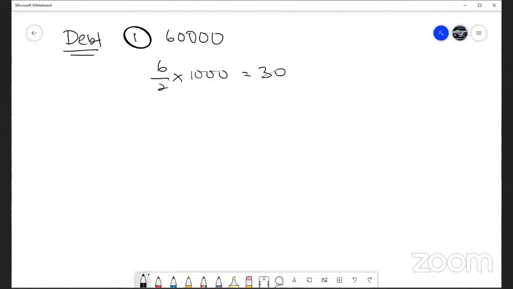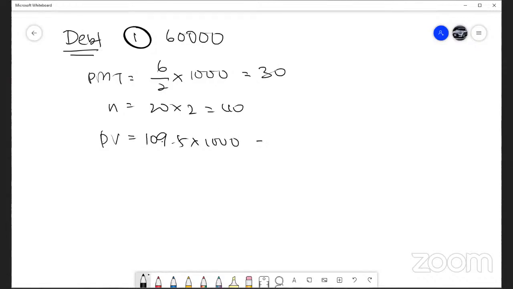The current price quote is 109.5 of par, with 20 years to maturity, so N equals 20 times 2 equals 40. The present value quote is 109.5 times 1,000, so it's 1,095. Face value is still 1,000.